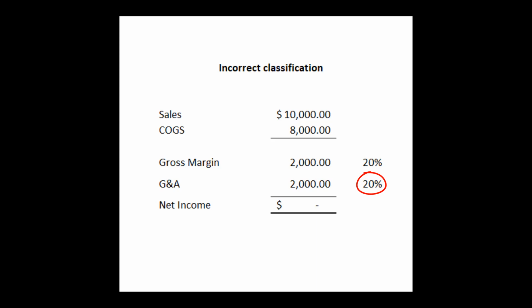So if we did an analysis of our products and said our minimum gross margin needs to be 15%, and we have some that are 17, 18, 19%, we may be thinking we're at a good place with those. In reality, we're not. We're actually underwater on those because our G&A as a percent of sales is 20%. So that's why it's important to go through each of your costs and make sure they're in the right category.